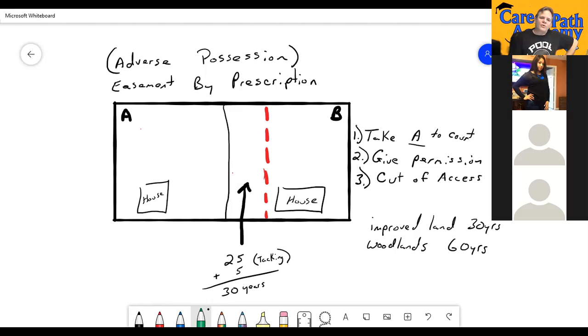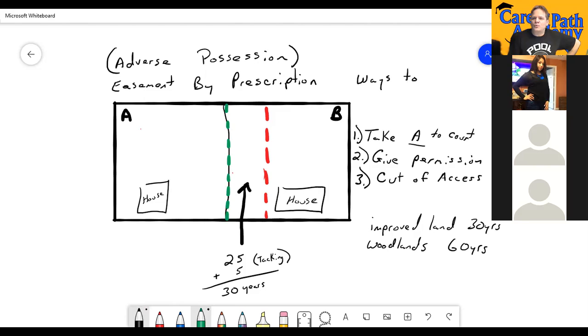Well, as owner B, I'm going to put up a fence where it really belongs, right here on the property line, and cut off your direct access to it. Okay, that makes sense. Cutting off the access is one way that you can prevent an easement by prescription. So here, let me put this here.